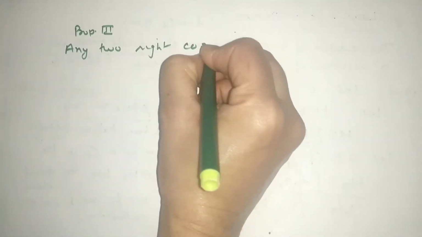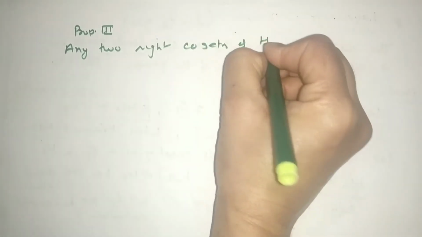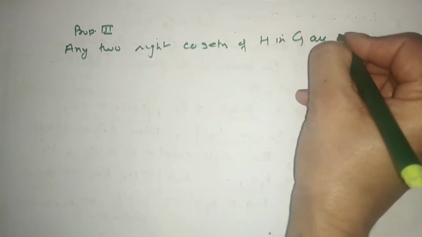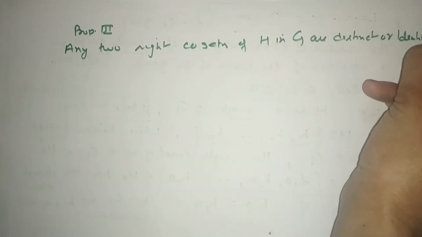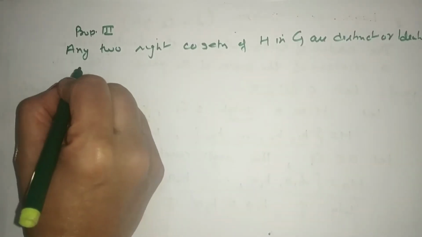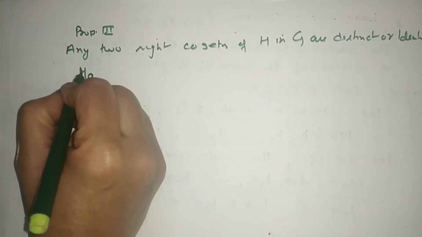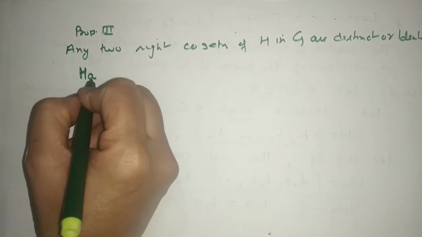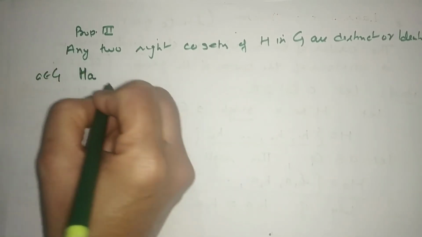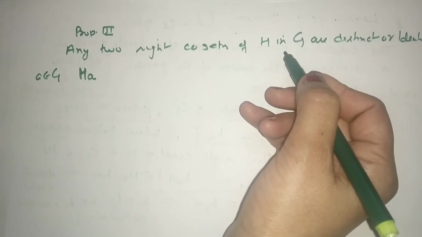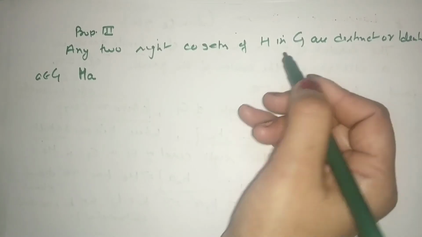Property 3 states that any two right cosets of H in G are distinct or identical. As we have taken one element a and made a coset Ha, similarly we can take more elements from G, so we can have different cosets. All the cosets that are distinct, we have to take them.